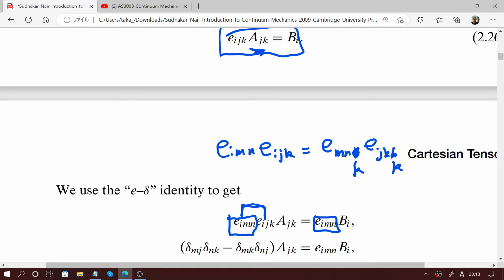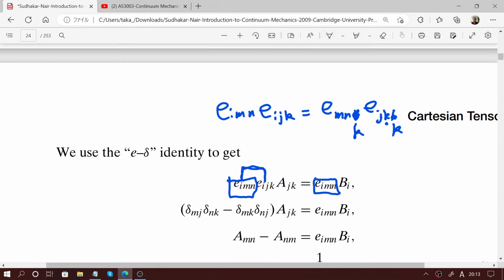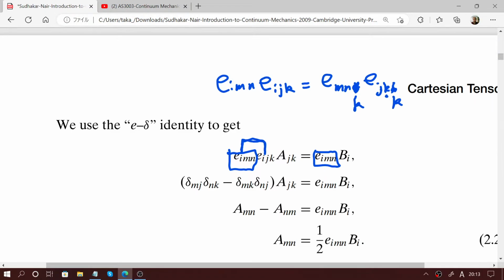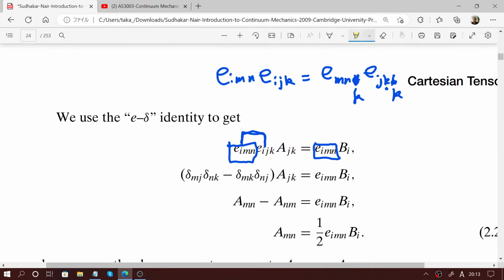Like the previous case, I'm sorry, I have already used K, but in the previous formula we used K for the repeated index. In this case, I is the repeated index.